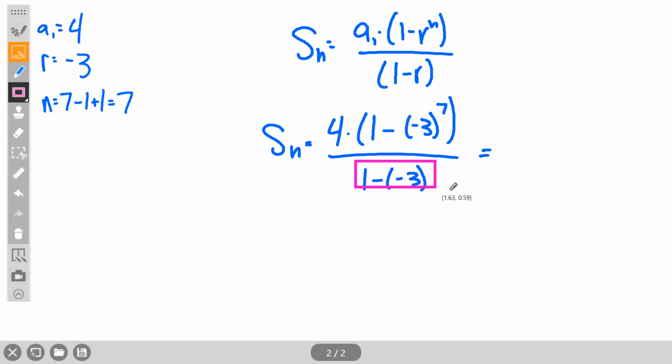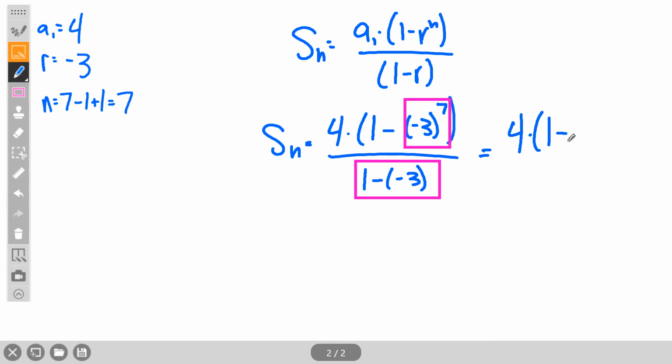So remember, you can do this one and this one to start with. So that's 4 times 1 minus, so -3 to the 7th, which is -2187 over 1 minus -3, which is 4.